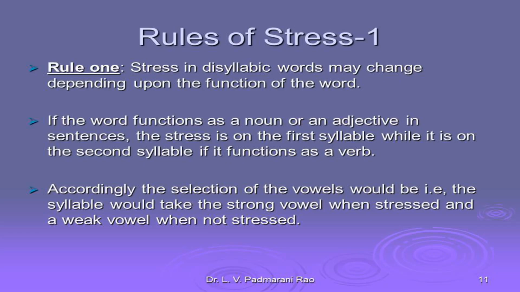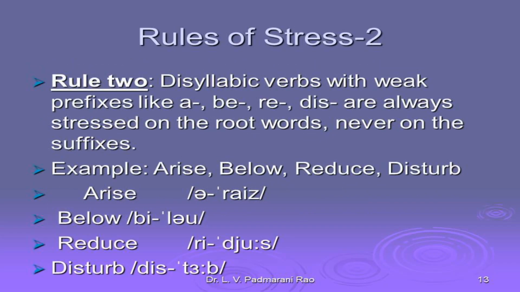Accordingly, we have the pronunciation of convict as a noun and convict as a verb. Import, a noun. Import, a verb. Object, a noun. Object, a verb. Subject, a noun. Subject, a verb. This rule is also called the functional rule of stress.